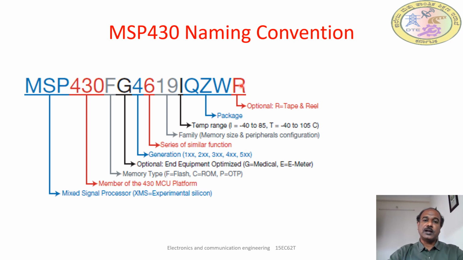And the last letter R is optional. It may be present in some microcontrollers and absent in others. If it is present, it indicates tape and reel. So this is how we can come to know what type of memory is present in the microcontroller, what the generation is, what application it is optimized for, what the package type is, and what the operating temperature range is, everything just by looking at the name.